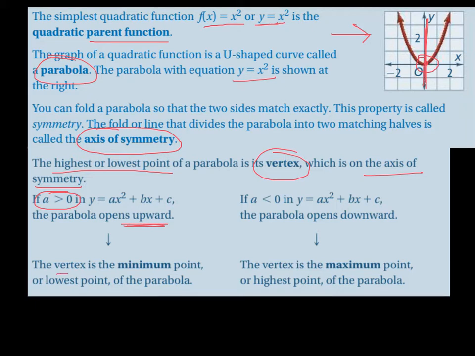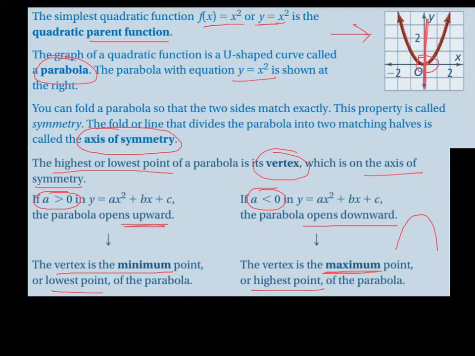And therefore the vertex is what we call a minimum, or the lowest point of the graph, or the parabola. If the a is less than 0, meaning the a is negative, then that means that graph is going to open down, so it's going to be more of an upside down U, meaning the vertex is now the highest point, or the maximum of the graph. So it is the highest value that the function will have.